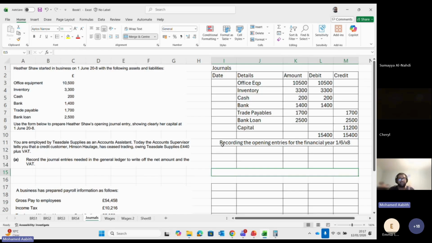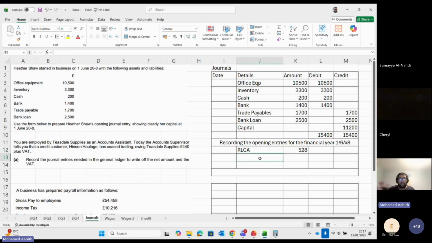So here, how would you do it? Remember, this customer was part of a control account. This is the receivable ledger control account. So RLCA normally has a debit balance. Now we need to take that amount from that. How much is that amount going to be? It's going to be 440 times 1.2, which is 528 pounds, because there is a VAT of 88 pounds inclusive on that debt.